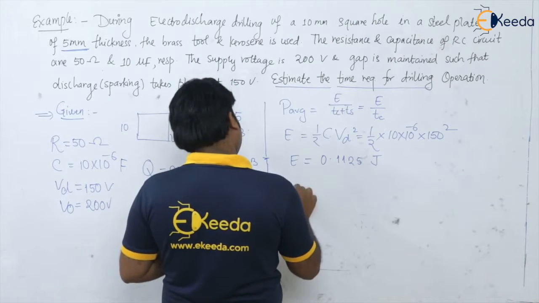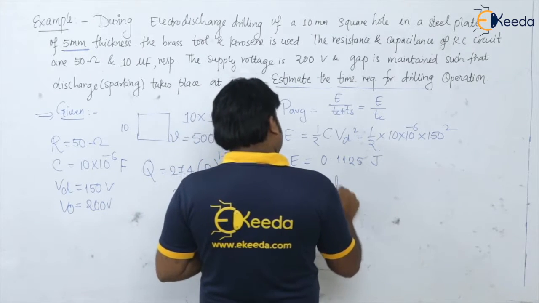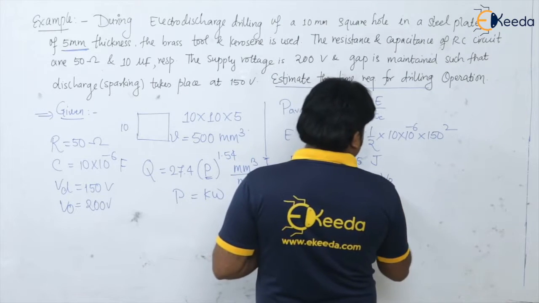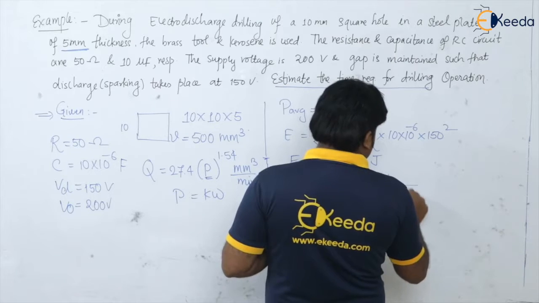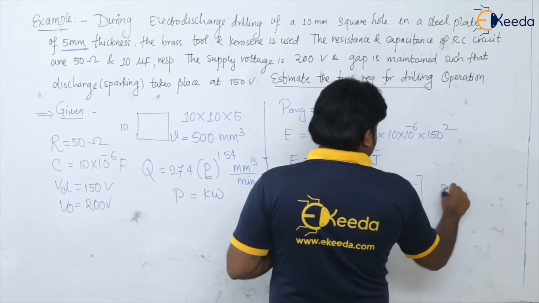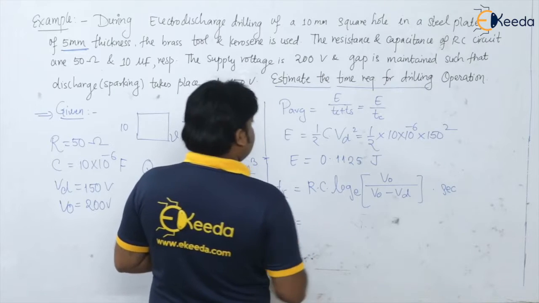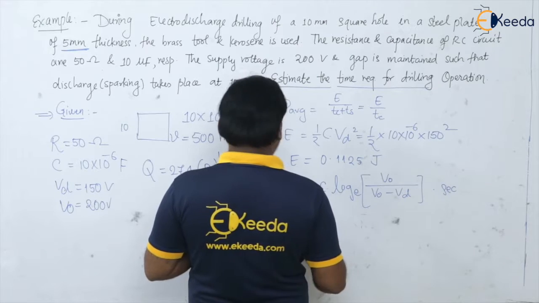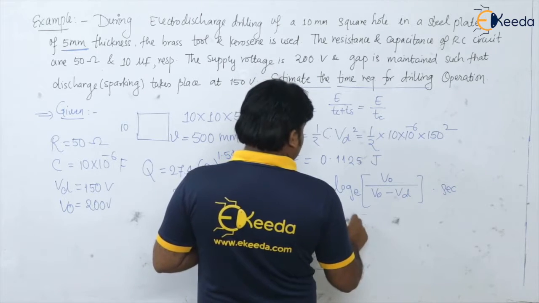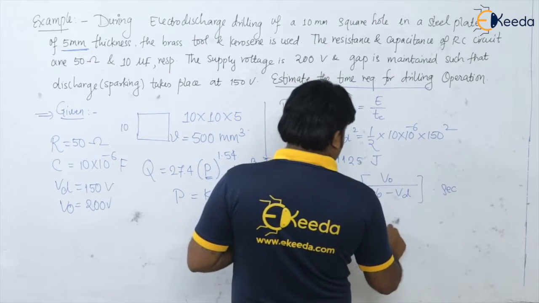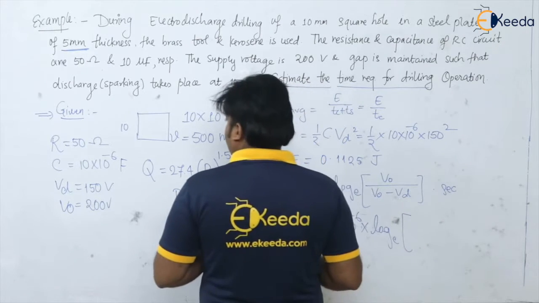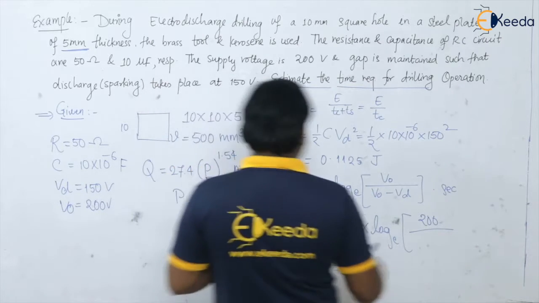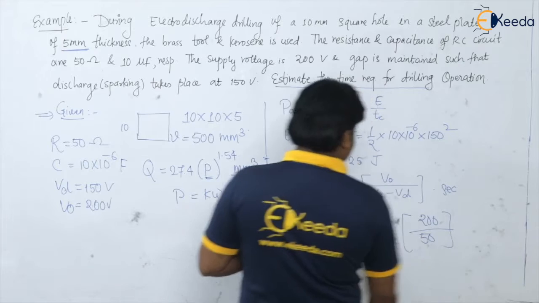Charging time is R into C into natural log of supply voltage divided by supply voltage minus discharge voltage. It will be in seconds. So calculate. R is how much? R is 50, C is 10 into 10 to the power minus 6, into ln of supply voltage 200 divided by 200 minus 150, that is 50.